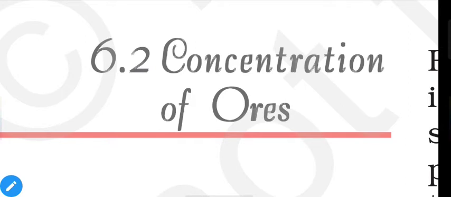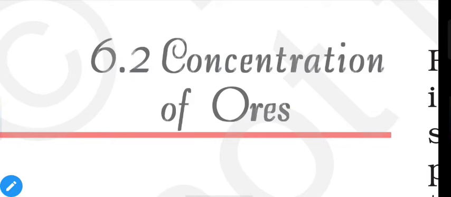That means, suppose when we dig a metal compound from the earth's crust, initially let us say we dig a total of 100 kilograms of stone, but the actual metal content in that 100 kilograms is only, let us say, 5 kilograms. So that means we have 95 kilograms of impurities. We have to reduce that amount so that we can reduce the cost.